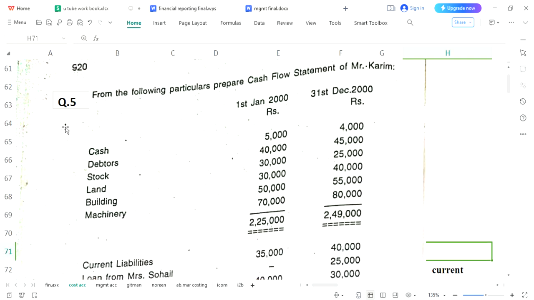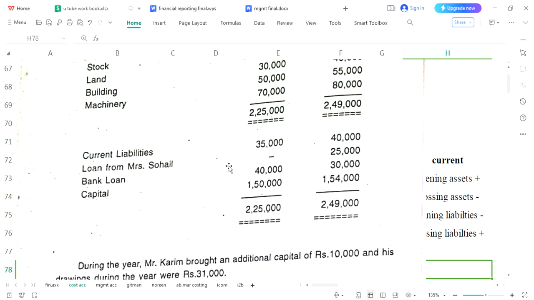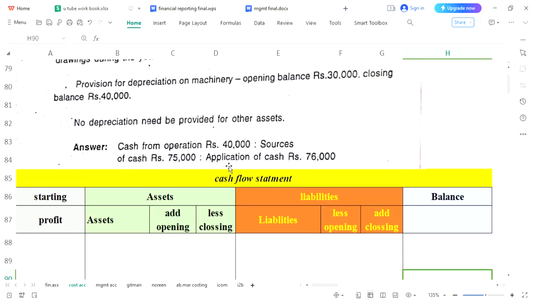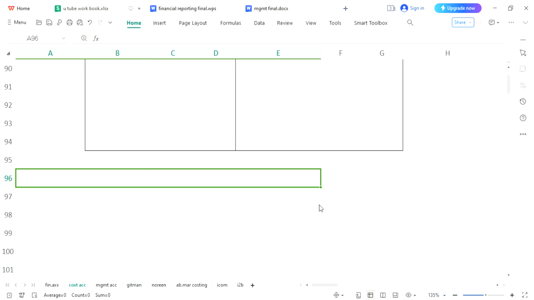And you can see that reserve or surplus, net profit, is not provided in this question. This is the most challenging situation, as I have described: profit is not given in your question. And if profit is not present, you will not be able to add or less assets or liabilities. So our first challenge would be to calculate this missing profit.